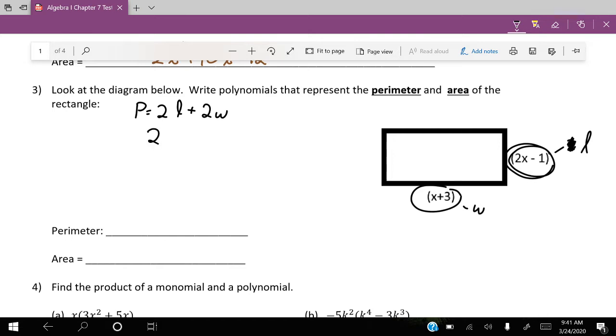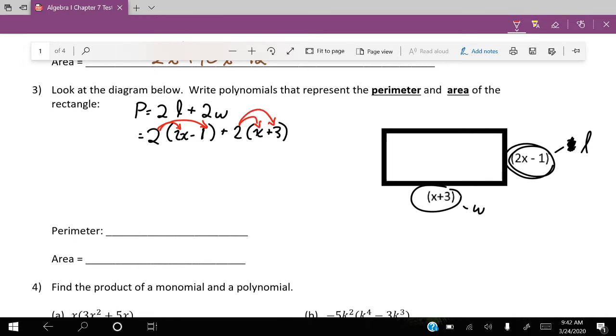Well, our length is 2x minus 1. Our width is x plus 3. And here comes the distribution step. So we're going to go ahead and distribute this 2 in front and this 2 in the second one.